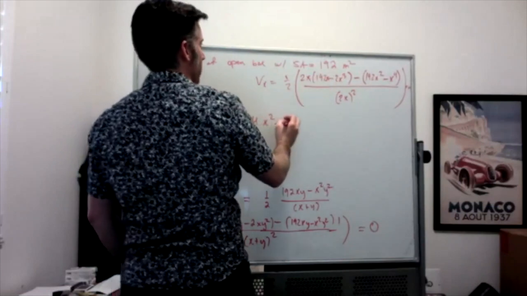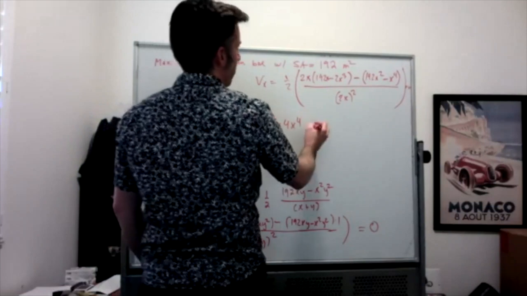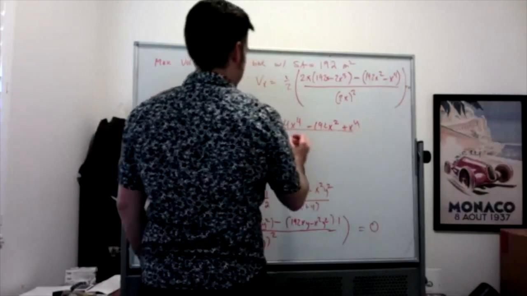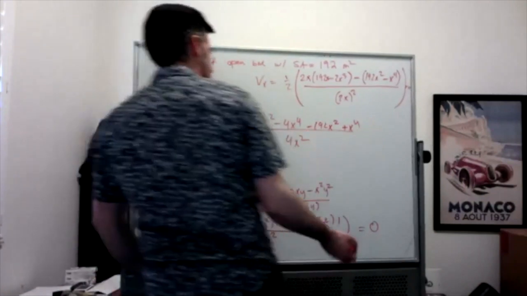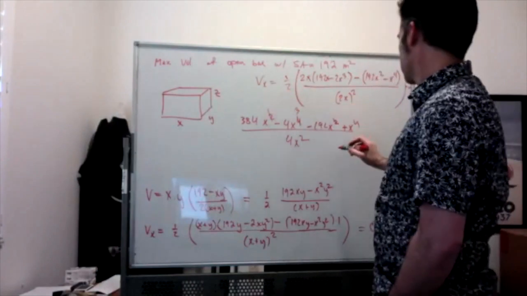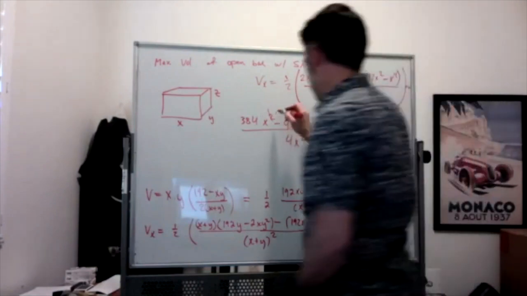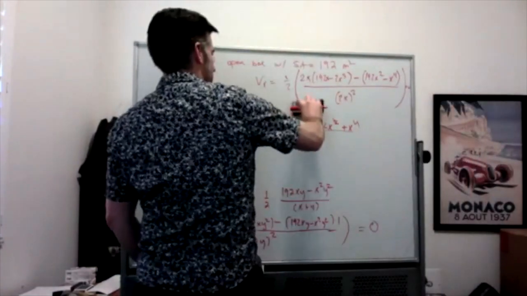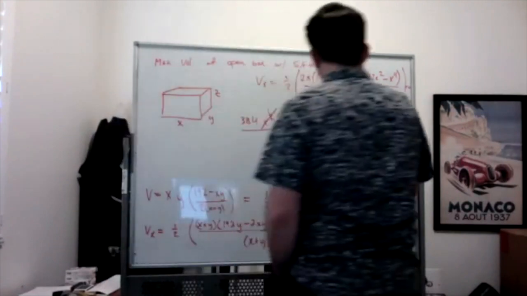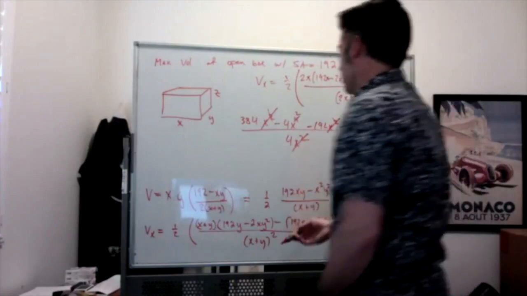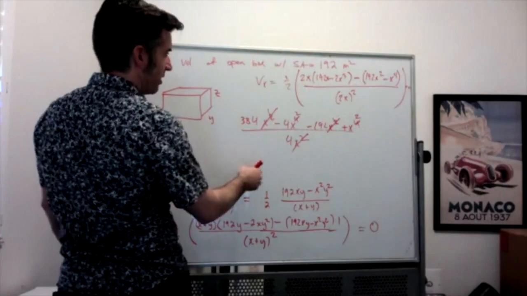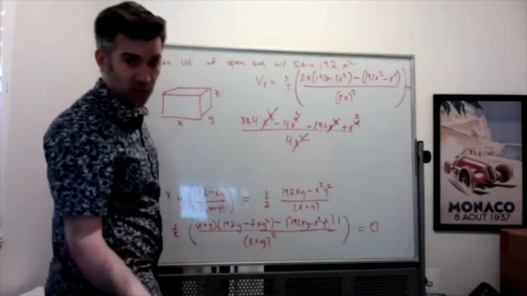So 384x squared minus 4x to the 4th minus 192x squared plus x to the 4th, all over 4x squared. You can cancel an x. You can cancel 2 x's. 384 divided by 4 is going to be, well, in fact, 384 minus 192 is 192.